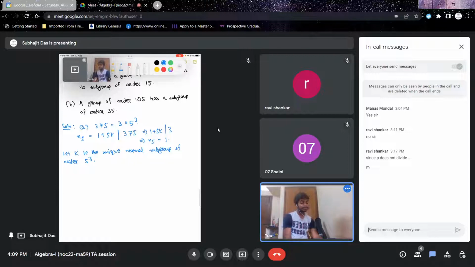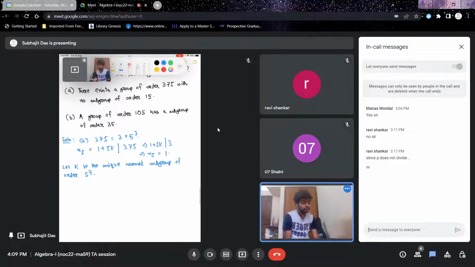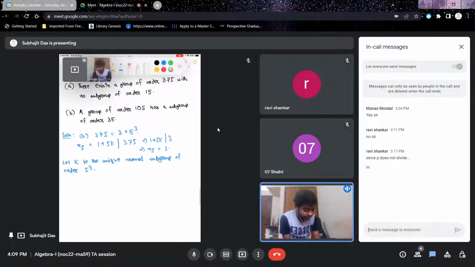And again, n3, which is of the form 1 plus 3k, must divide 125, that is 5 cubed, from which we get that it has to be either 5, which can't be possible, so n3 is 1, or n3 is equal to 25, right? So 1 plus 3k is 25, that can happen.